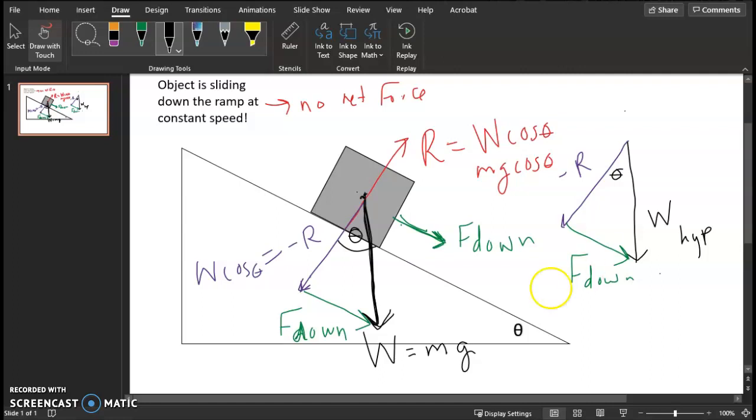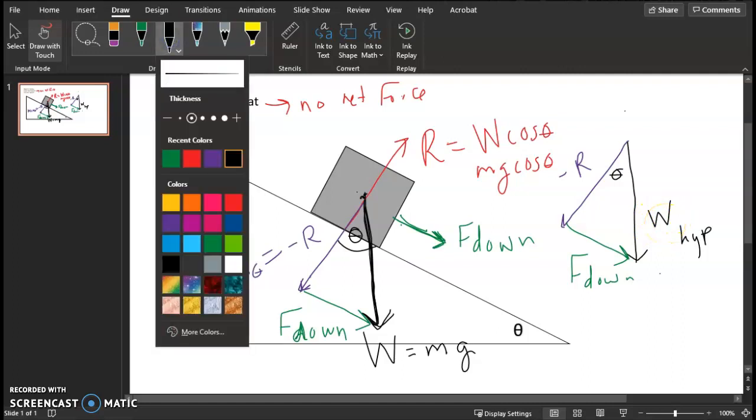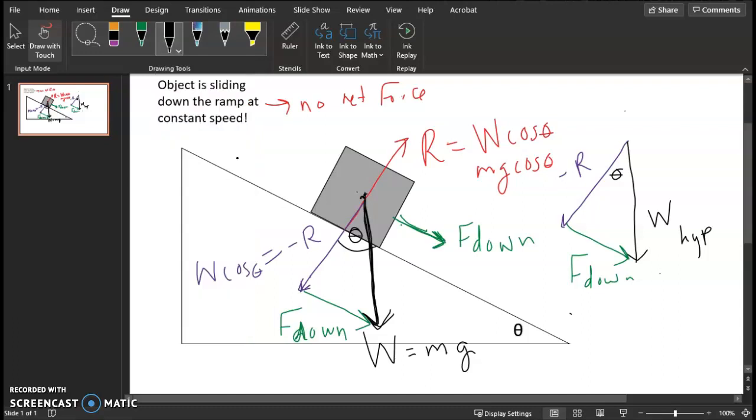It's on the opposite side, and I still have my hypotenuse, which is the weight vector. With the opposite side, an angle, and the hypotenuse, that's sine. Sine theta is equal to opposite over hypotenuse, SOHCAHTOA.